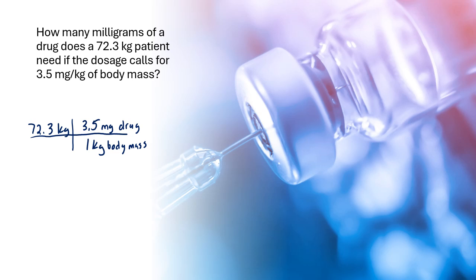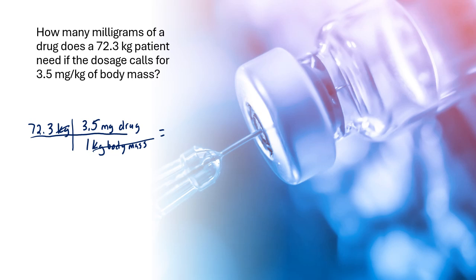When we're mixing those units of mass, it can get a little confusing. And so kilograms of body mass cancels with kilograms of body mass, and that leaves us with milligrams of drug that needs to be delivered.